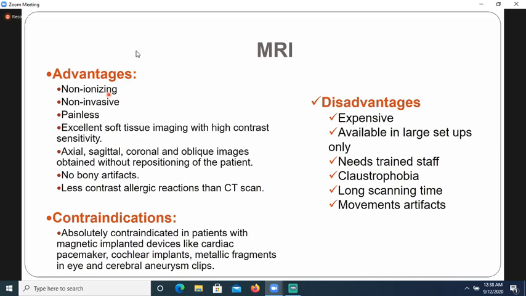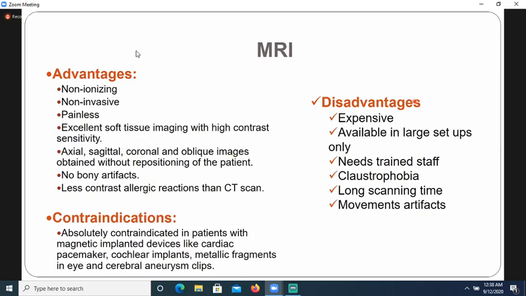The patient lies in a supine position, axial images are taken, and from there we reconstruct the sagittal, coronal, and oblique images. There is no bony artifact, and less contrast allergic reaction than the CT, so it can be used in a patient with chronic renal failure.